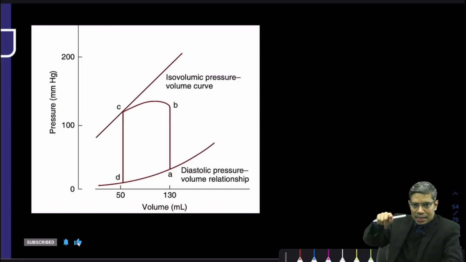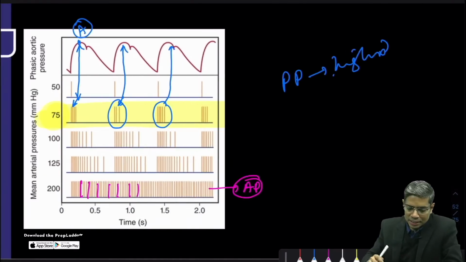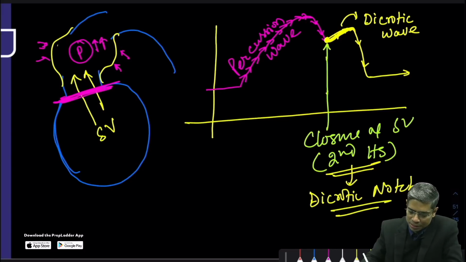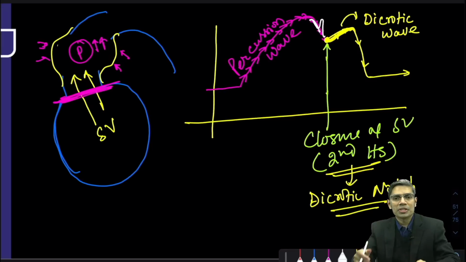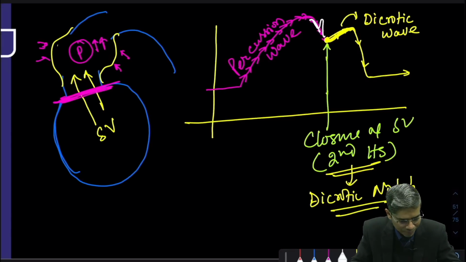The tidal wave is not always found. In the descending part, sometimes another small positive wave can be found, which is due to reflection of the pressure wave from the arterial tree. That is sometimes known as the tidal wave. But in most cases it is not seen.